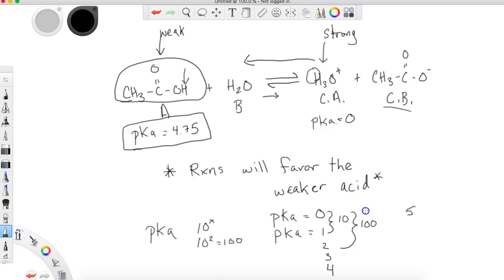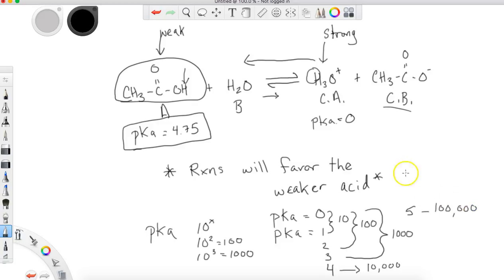So then 0 to 3 is going to be 1,000, because 10 to the third is equal to 1,000. I think you get where this is going, right? So if I had 4, then that's 10,000. And if I had 5, that's going to be 100,000.